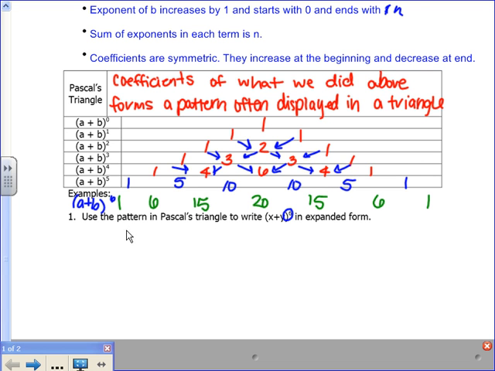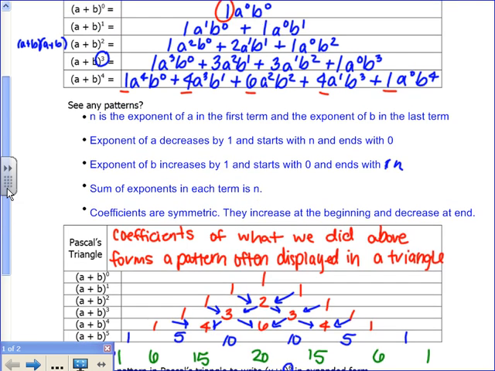So now, using the pattern in Pascal's triangle, let's write this out in expanded form. So all we're going to do is take our x plus y to the 6th power, and we're going to start by writing this out. So, first number, 1. First variable is an x, and we're going to start that first variable out with a 6. Remember, we're just doing exactly what we did up here. We're taking that first variable, we're starting with the n, and we're going to count down.